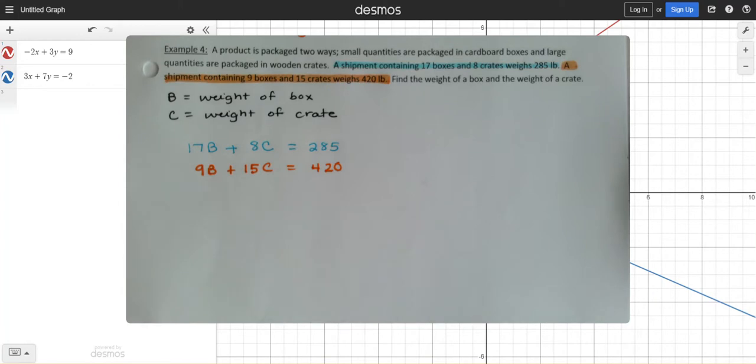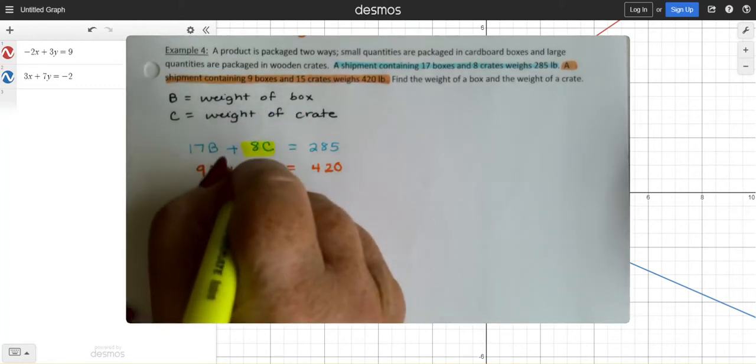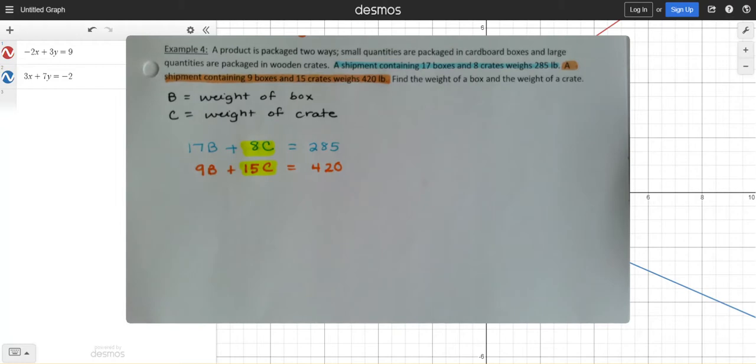All right, so I've got a system of equations I want to solve. The numbers are a little bit less fun to work with. They're not quite as small, so I'll have to work a little bit harder on this, but we can do this. All right, I want to eliminate one of my variables. It doesn't really matter. The C's have slightly smaller numbers, so I'm going to go with the C's.